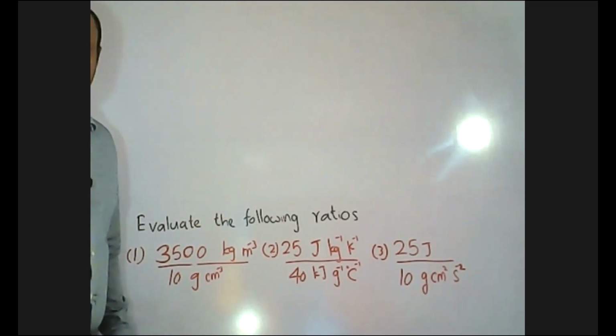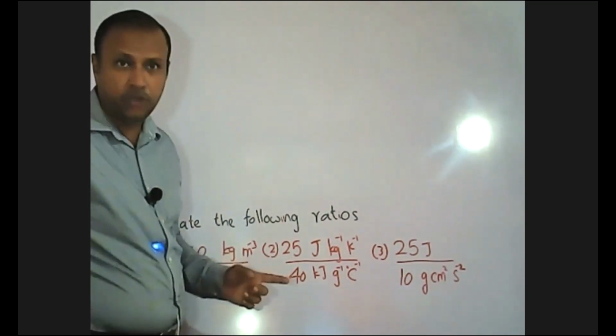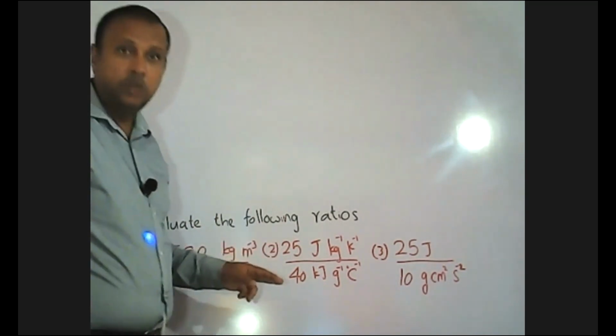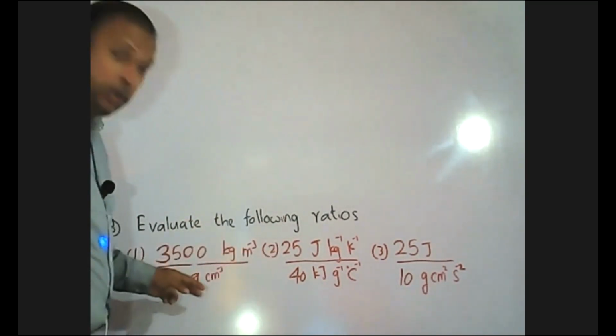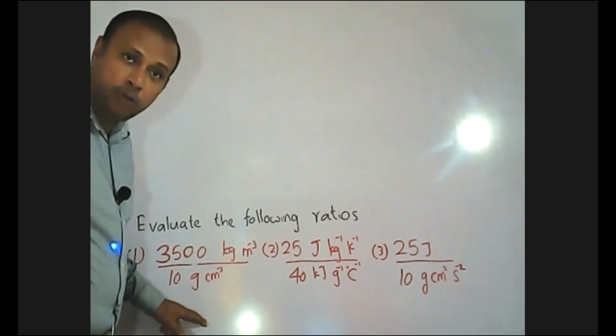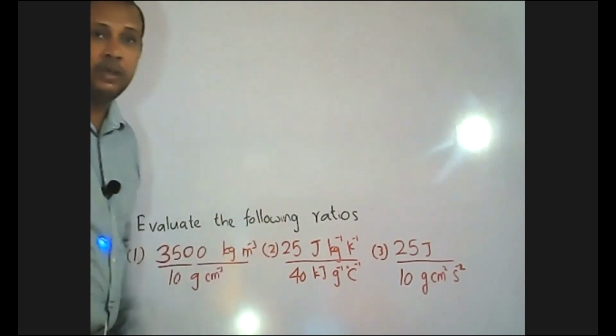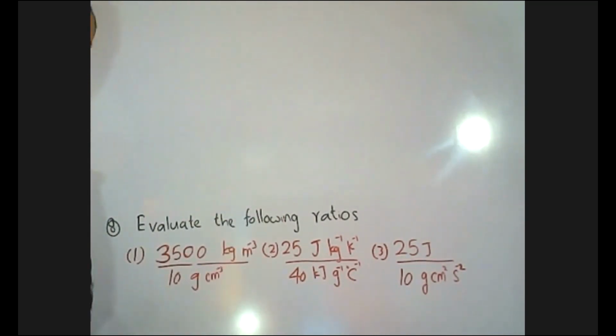Then the units will be cancelled out, and then you can take the ratio. If you want to find the numerical ratio between these two values, you have to convert one value into the other. Then the units will be cancelled out, and then you can take the numerical value of these ratios.